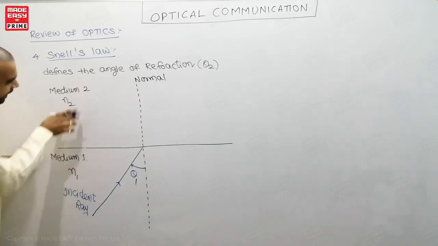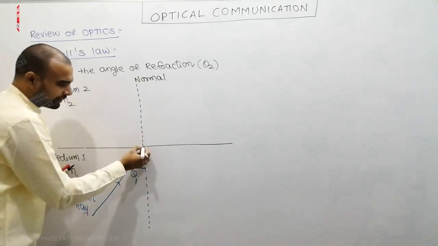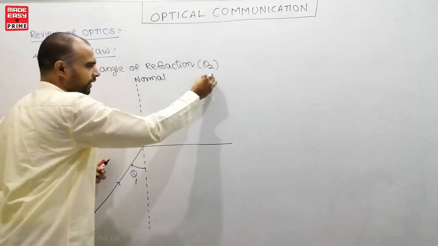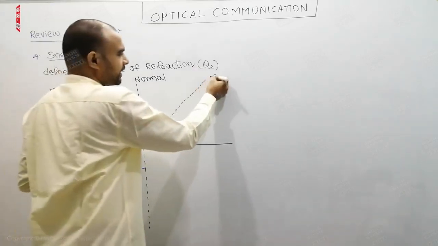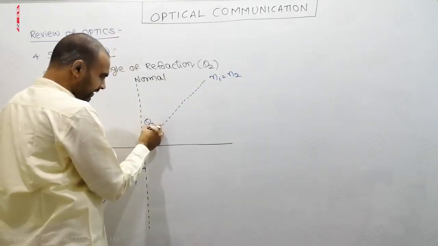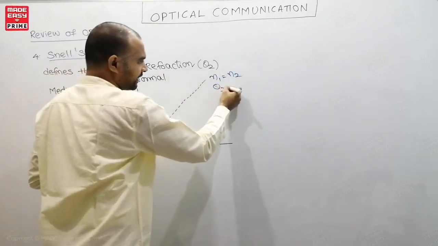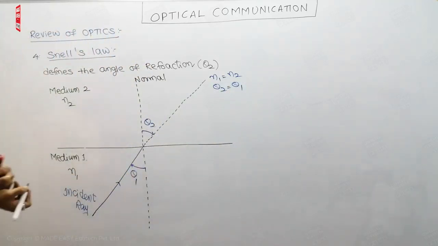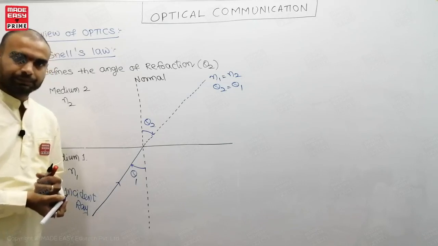If N1 and N2 are both the same, the light ray will travel as shown in a dotted line. That is, N1 is equal to N2, and this is theta 2, the angle of refraction. Theta 2 is equal to theta 1 whenever the two mediums are the same.